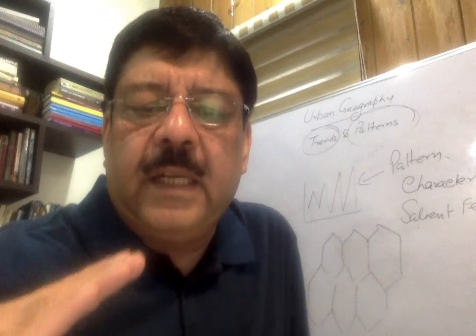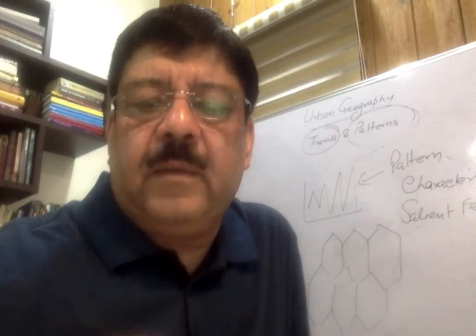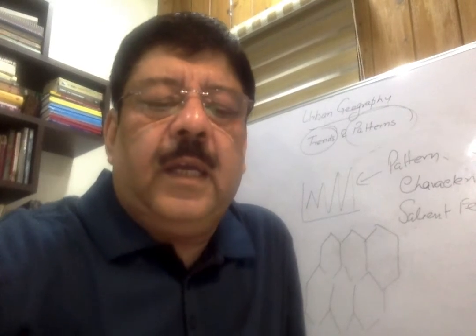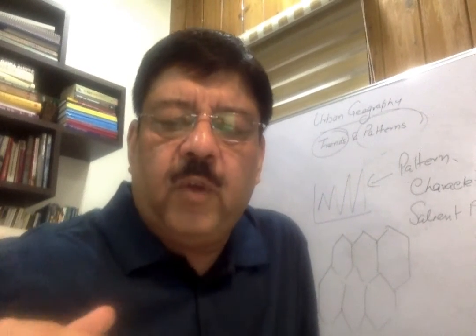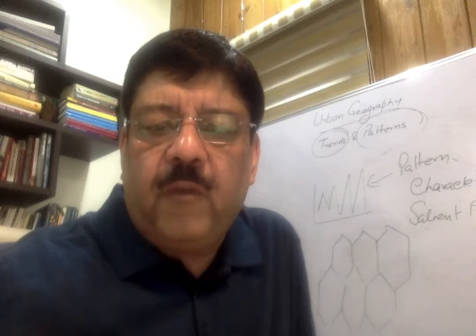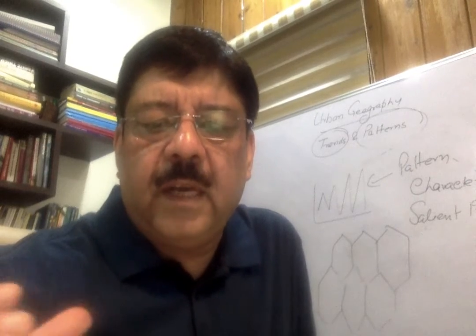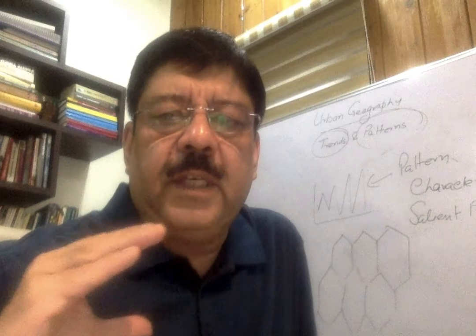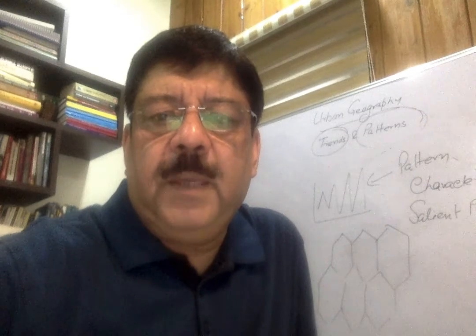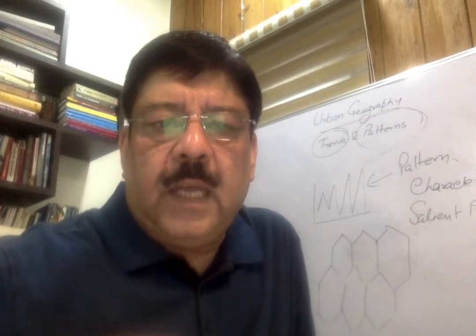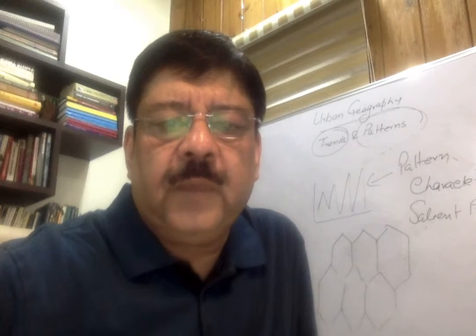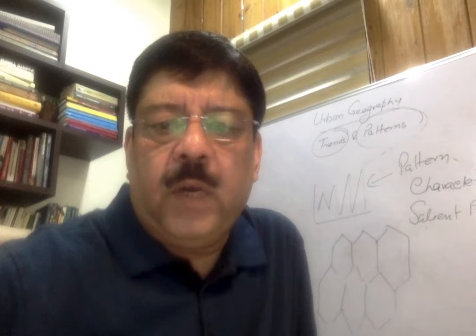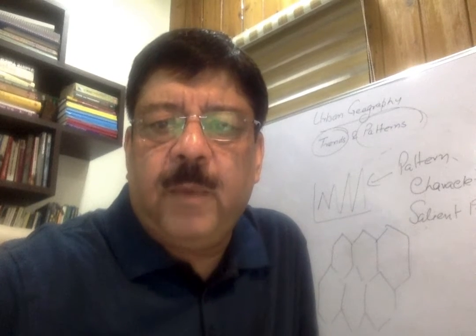Pattern in design, city design, pattern is there. If you go to Europe, almost all cities of Europe follow the same design. There are many similarities in city design. So that is the pattern. Am I clear about that? Are you clear about it? What is the distinction between the two?